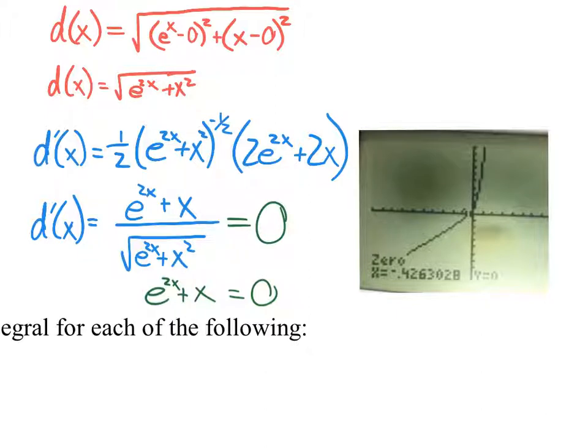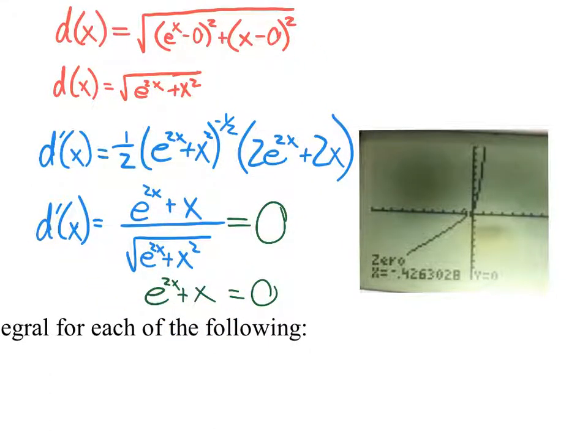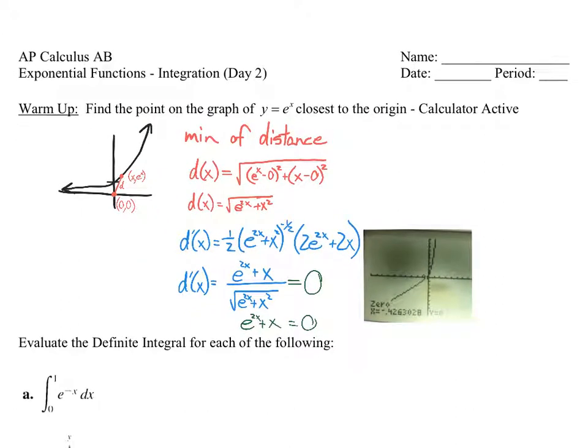My drawing, I drew it to the right. It's actually a little bit to the left, but that is the x that would give us the closest point. So it's actually over here. So that's negative 0.426 to 3 decimals.